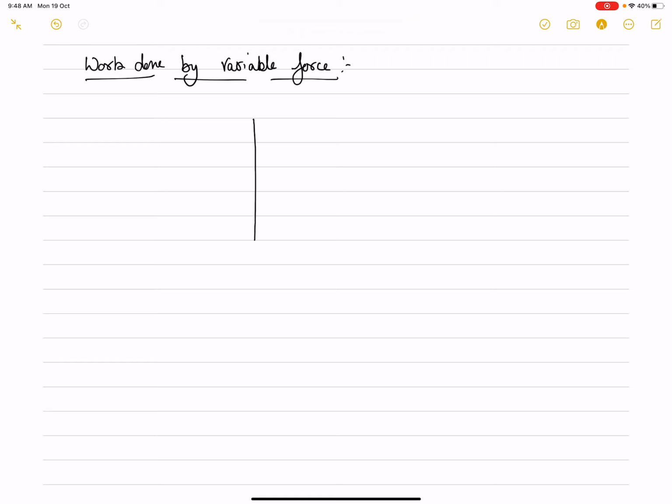Let's say a body is experiencing some displacement with a force, but the force this time is applied variably, not a constant force.